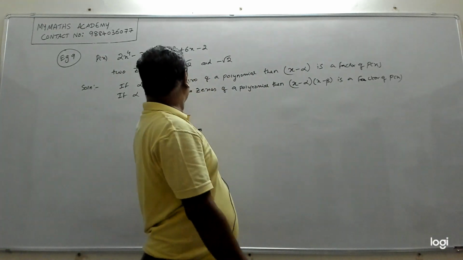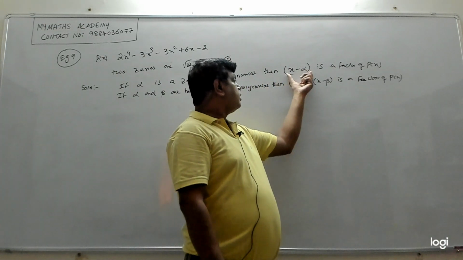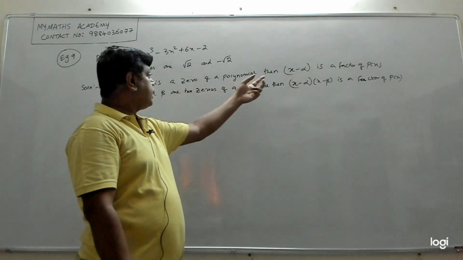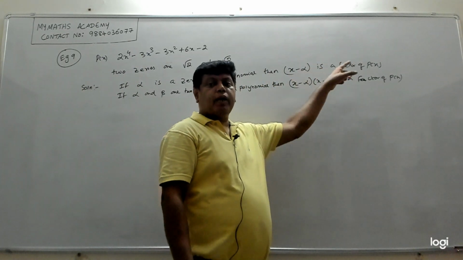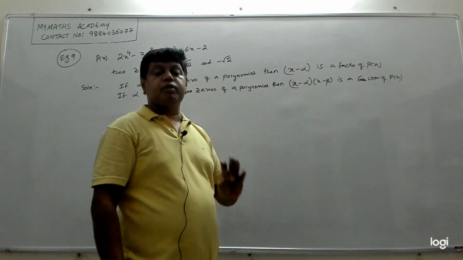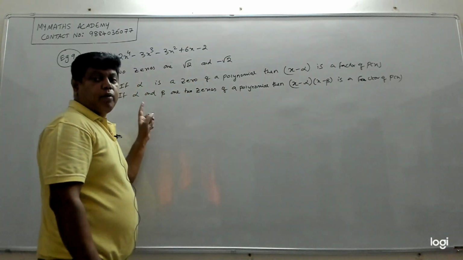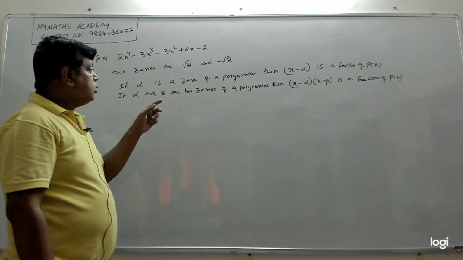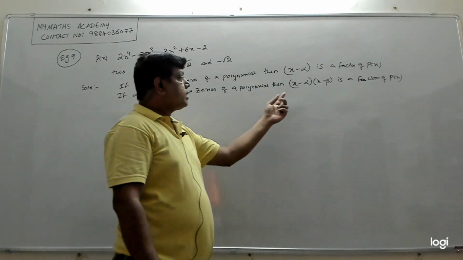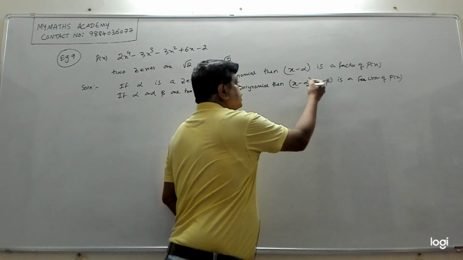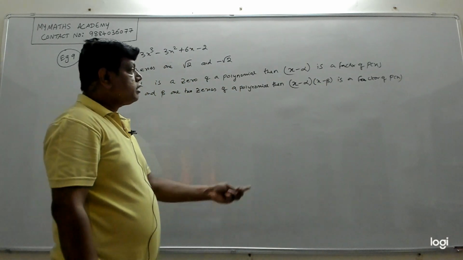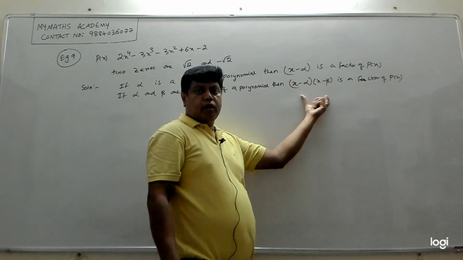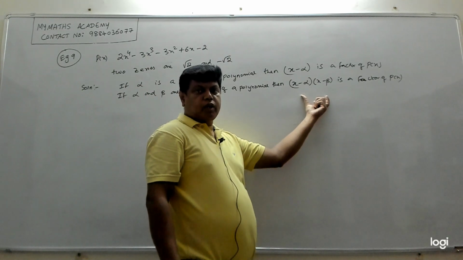See, if alpha is a zero, then x minus alpha is a factor of p of x, which means x minus alpha will divide p of x exactly, which means the remainder will be 0. If alpha and beta are 2 zeros of a polynomial, then x minus alpha into x minus beta is a factor of the polynomial p of x, which means if you multiply these two, you will get a polynomial which is obviously a quadratic polynomial.